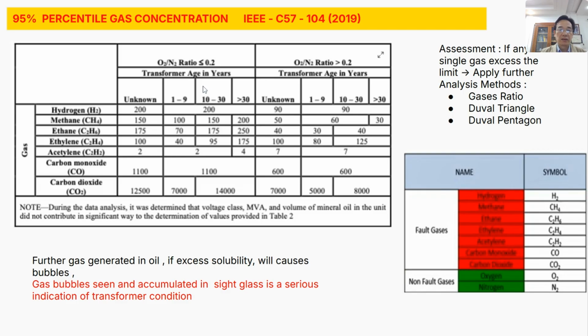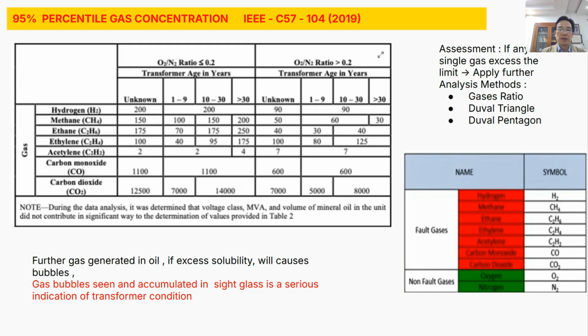That is the transformer age in years. So the older the transformer, the content in oil might be higher, and the O2 per N2 ratio is the factor indicating the exposure of oil to air.